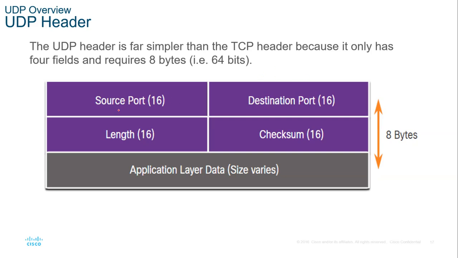So we have source, destination, then the length of the header, together with the checksum for error, then the application layer data.